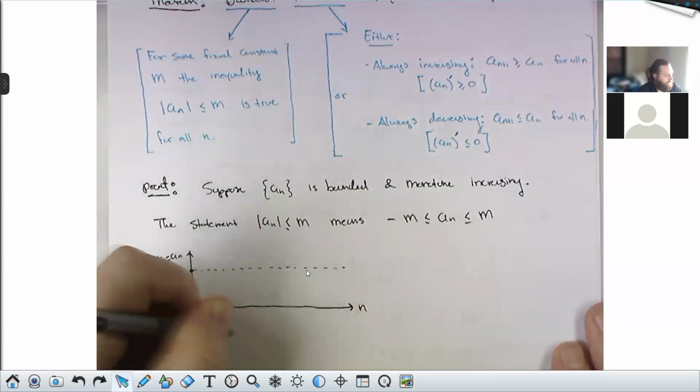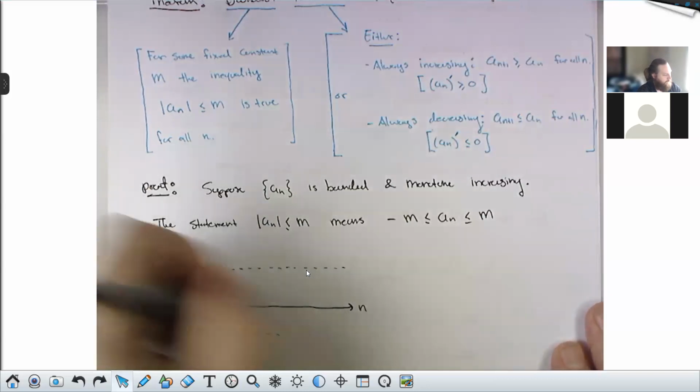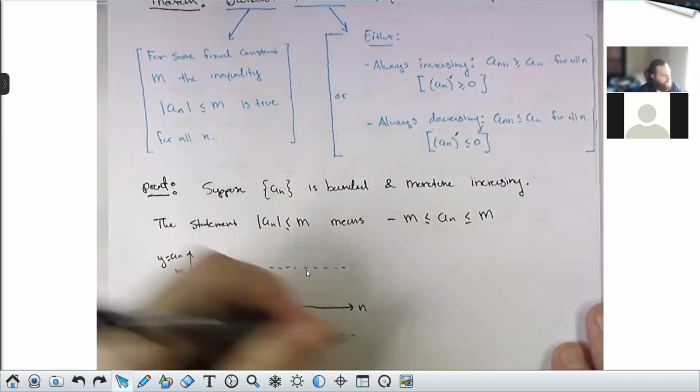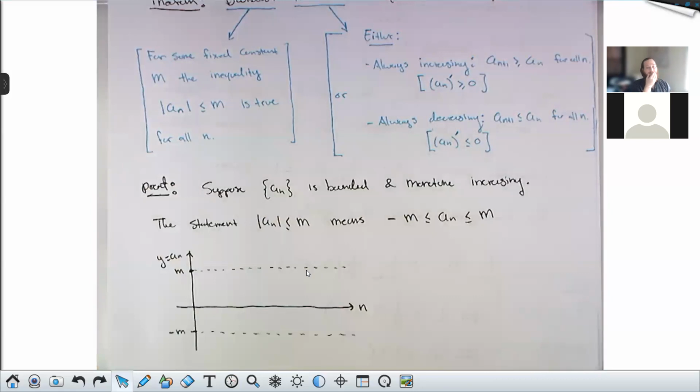On the other hand, a_n is bounded below by negative M, can't go below this line. So the terms of the sequence are trapped in this window. They can't escape. That's what bounded means.